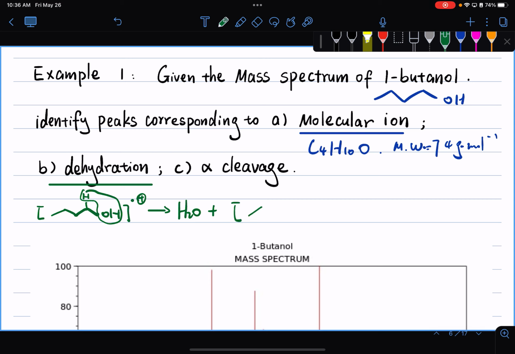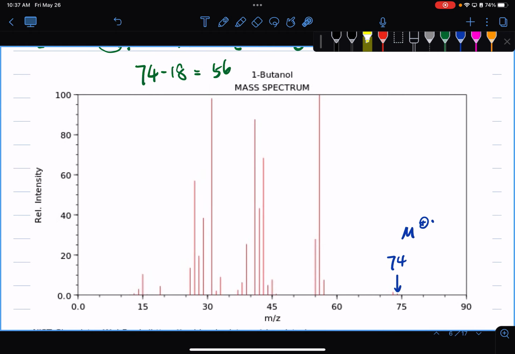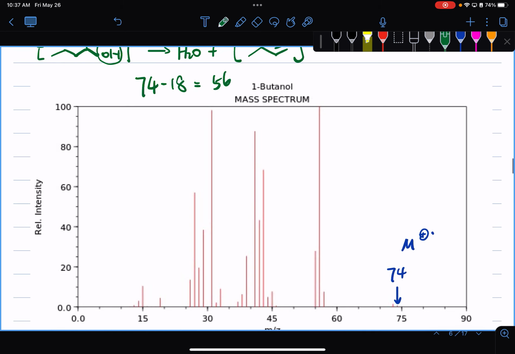So what we end up forming is a 1-butene radical cation. Now on the diagram, we can identify that peak for dehydration by using 74 minus 18. That should give us 56. Let's look at it. That's 45, 50, 55. We're looking at 56. So yes, our dehydration is our biggest peak, our base peak.